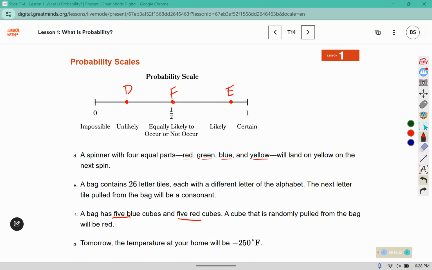Unless some catastrophic event occurs, that is a temperature that's not possible on Earth. So the odds of that happening are very slim, nearly impossible. The only time that may occur is if there was some kind of major Earth catastrophe. Now we need an explanation for each of these.